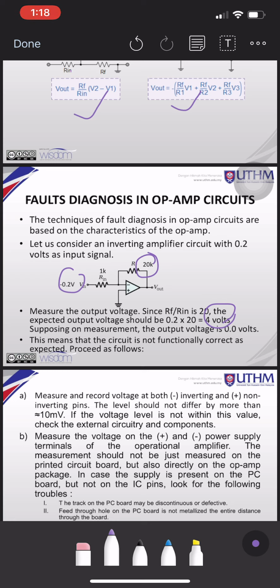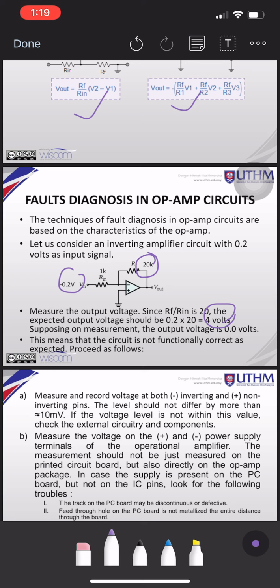In case the supply is present on the printed circuit board but not on the IC pin, look for the following troubles. We trace the printed circuit board track, which may have a discontinuity or be defective. The feed through hole on the PC board may not be metallized the entire distance through the board.